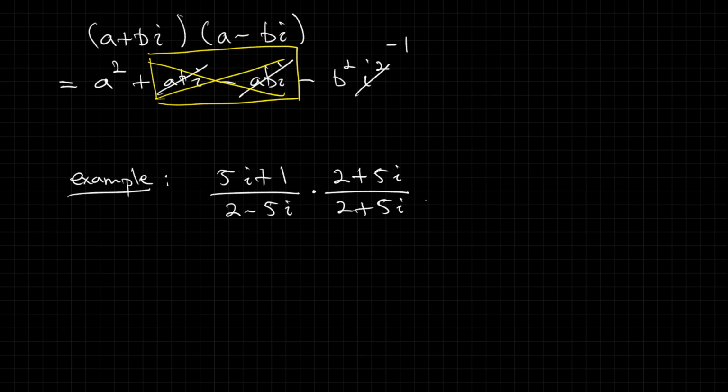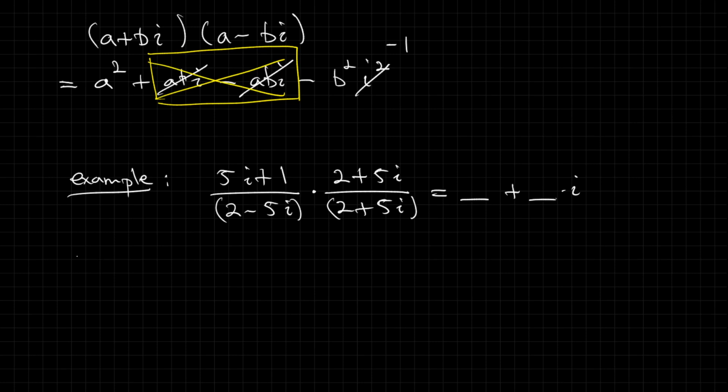The reason why we do this is because now in the denominator, when we do this multiplication, we have a number times its complex conjugate. That will give us a real number. And in the numerator, we'll have a complex number, and that will simplify nicely, as we'll see. Specifically, by simplify nicely, we'll be able to write this as a number plus a number times i.